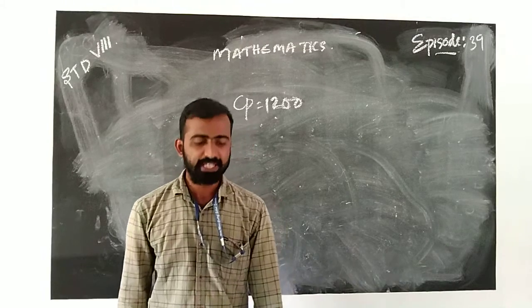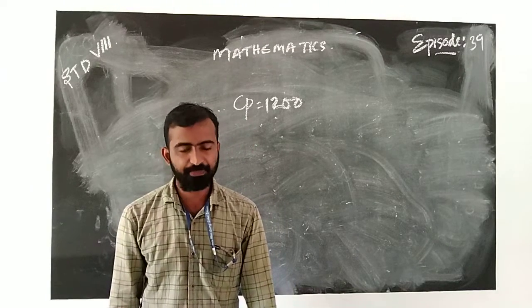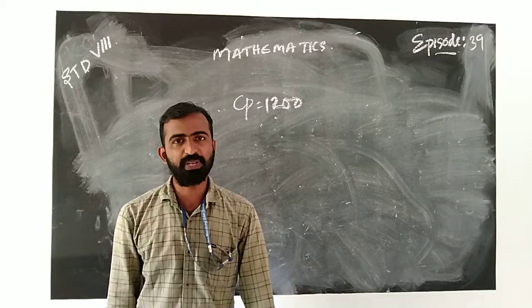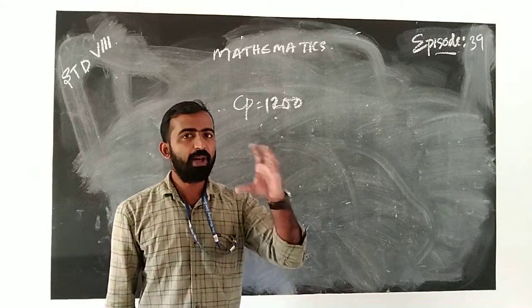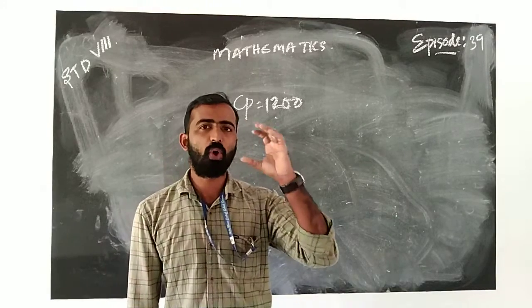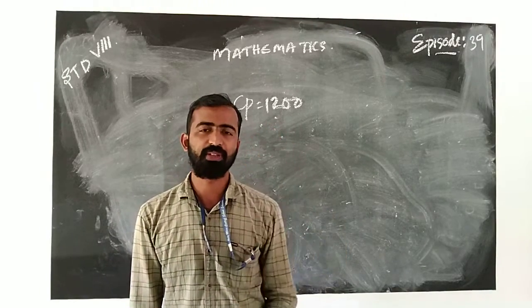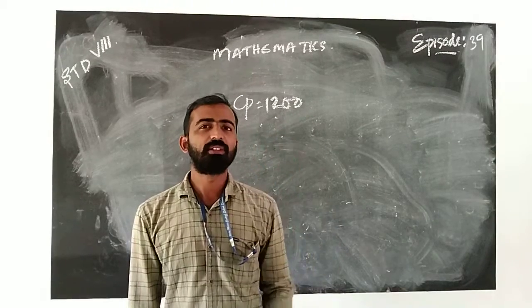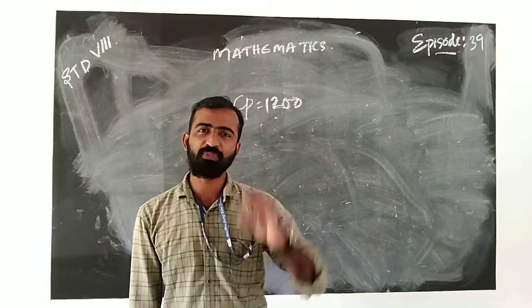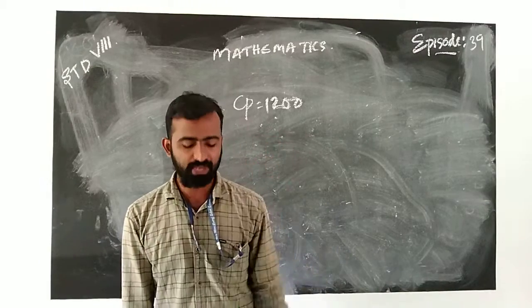And next, one is sold at a loss of 5%. That means if cost price is 100, then the selling price is 95. That is 100 minus 5, we get 95.